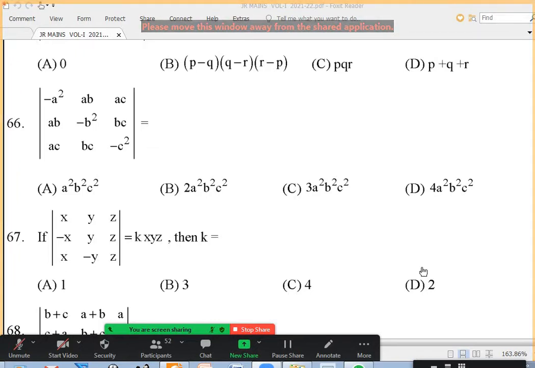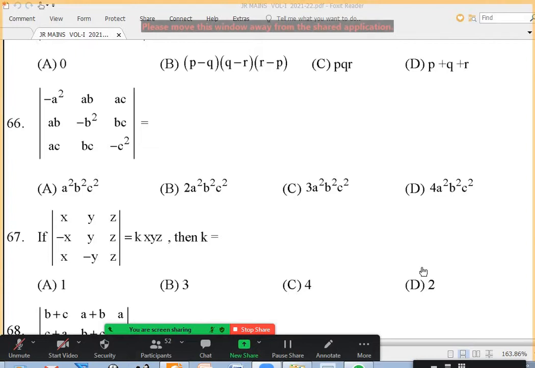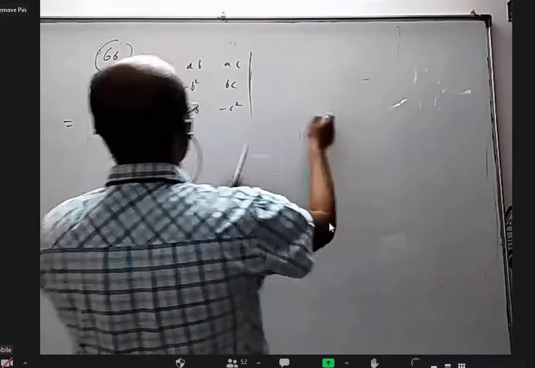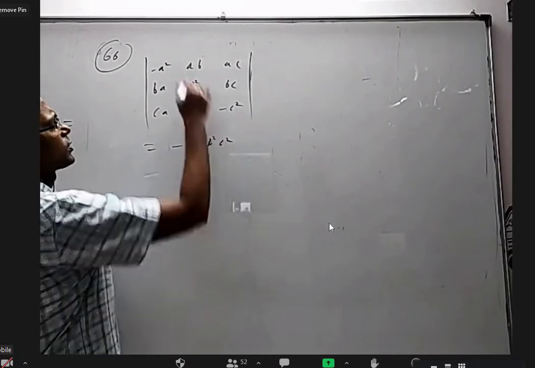Yes, sir. So a little bit I'll write it just for clarity. Minus a square, ab, ac; ba, minus b square, bc; ca, cb, minus c square. If somebody writes the determinant one more time and expands in a diagonal way, you will get minus a square b square c square.